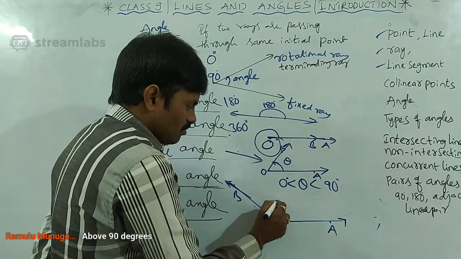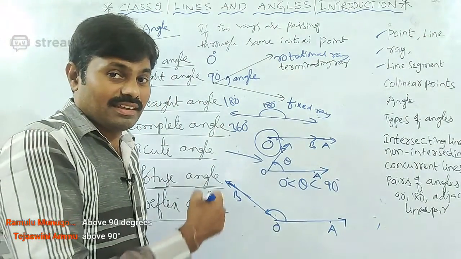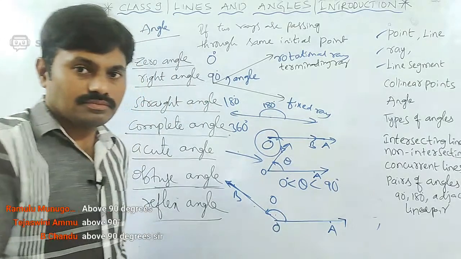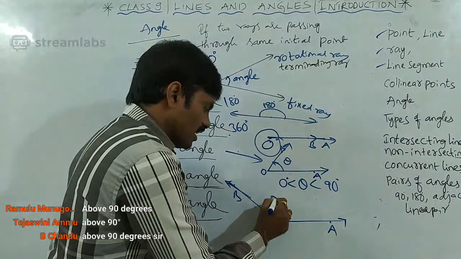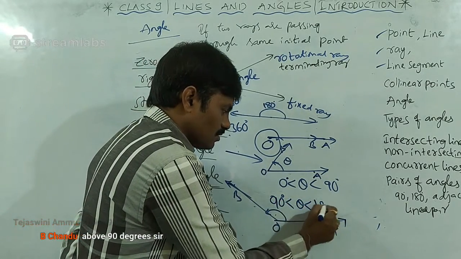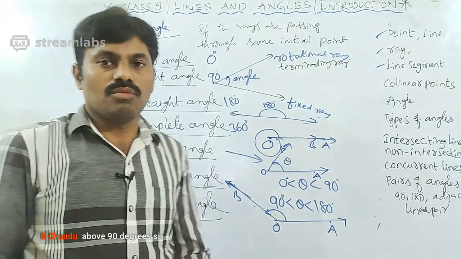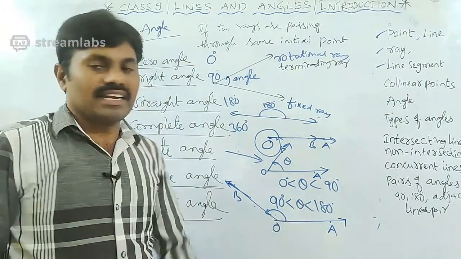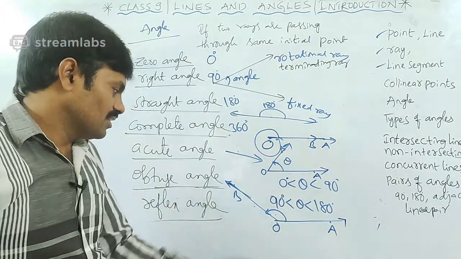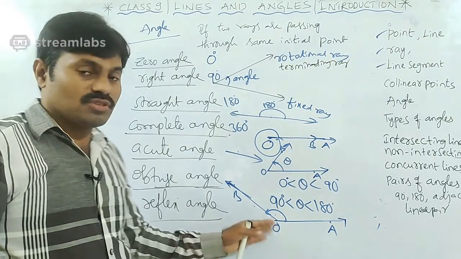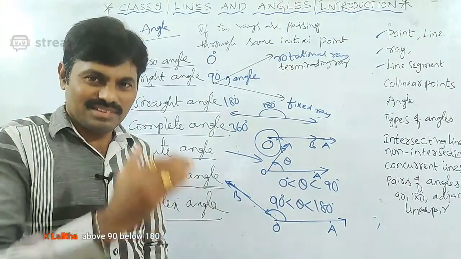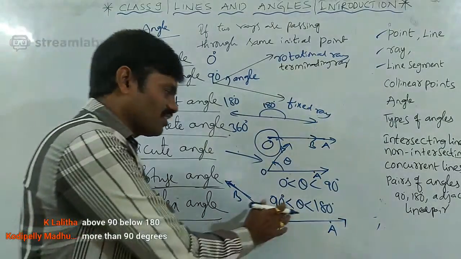If the angle lies between 90 and 180 degrees, what do you call this angle? Reflex angle, reflecting. Sorry, obtuse angle, I am extremely sorry. Obtuse angle is more than 90 and less than 180. Clear? So we have to denote it like this.